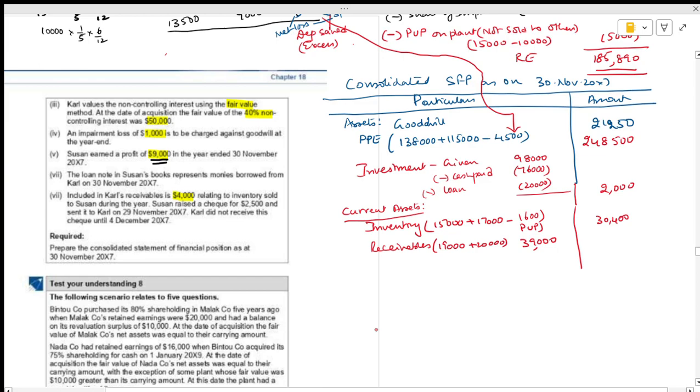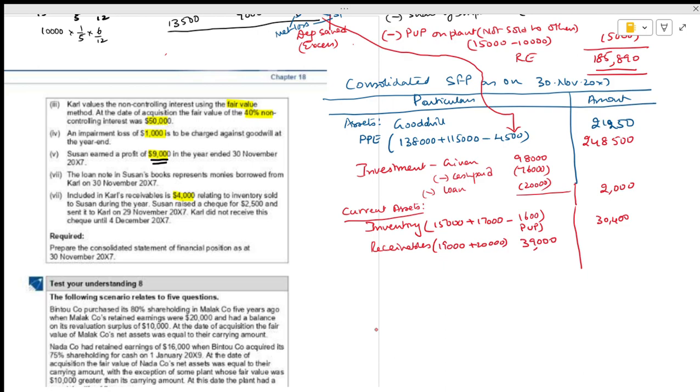You see point number 6: included in Carl's receivables is 4,000 relating to inventory sold during the year. They have raised a check of 2,500 and sent it, point number 7. They have not received the check. Is it right?